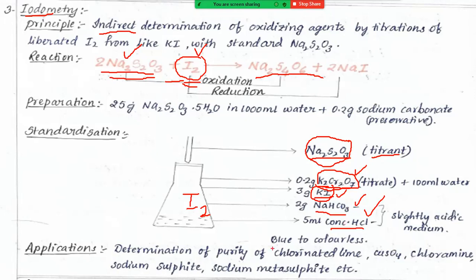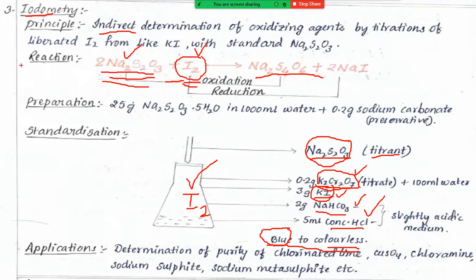And finally, the color change will be blue to colorless. Here also a starch indicator will be used. Due to the starch indicator, initially it will get a blue color. Then finally it will become colorless, after all the iodine molecules in the titrate solution are consumed by sodium thiosulfate.